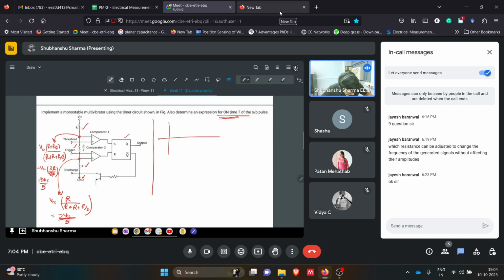So we have two things. Our voltage should be doing like this. The upper limit is 3 VCC by 5 and the lower limit is 2 VCC by 5.